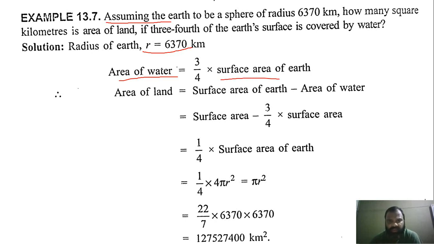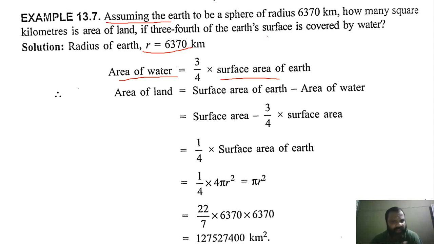Okay, so surface area of the earth minus area of water, because the surface area is covered by water. It is to be found in this question how many square kilometers is the area of land. What is the area of the land?